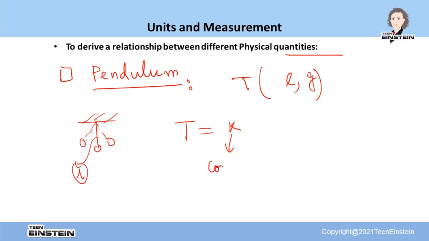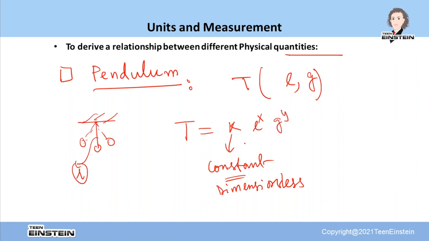I'll take k as a constant, and it is dimensionless. I can write it in any equation like that. And I have L to the power x and g to the power y.